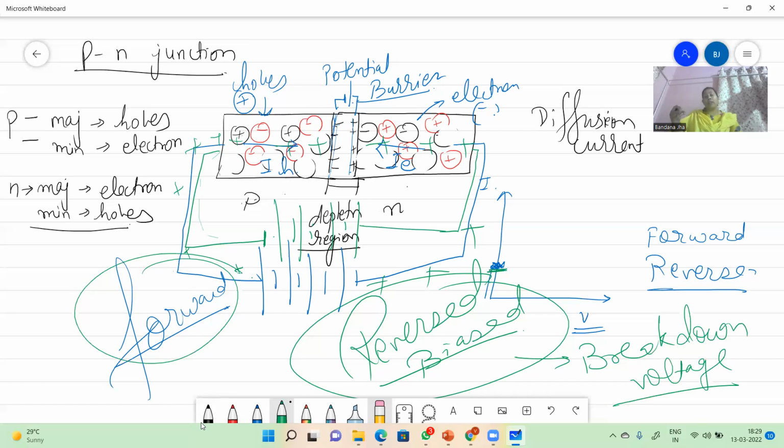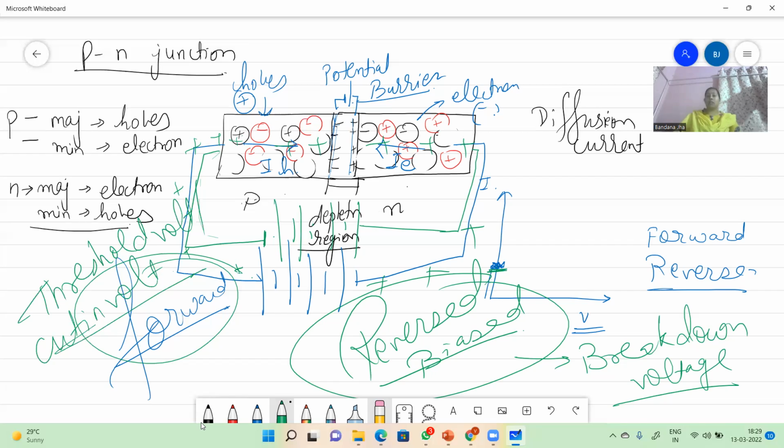After a certain voltage, the current starts flowing slowly and gradually, 1 ampere, 2 ampere, 3 ampere. That voltage from where the current starts flowing is known as what? Threshold voltage or cut-in voltage. Is this clear?